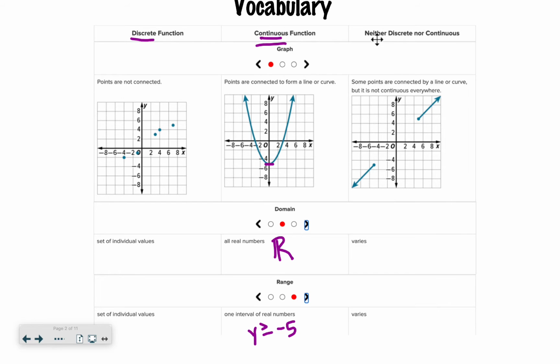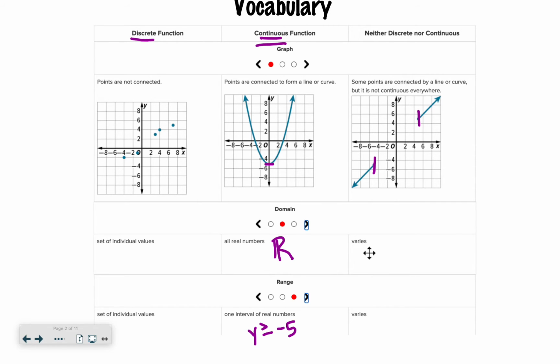All right, then neither discrete nor continuous. This happens when you have both points and lines. So it's not continuous through the whole thing, but there are also lines. And then the range or the domain varies. You can see the domain would be everything less than -5 and everything greater than 5.